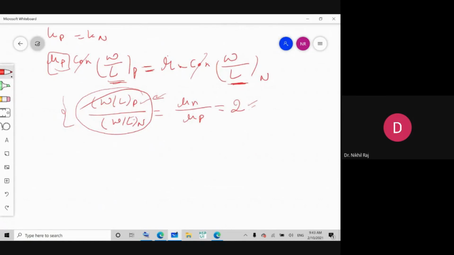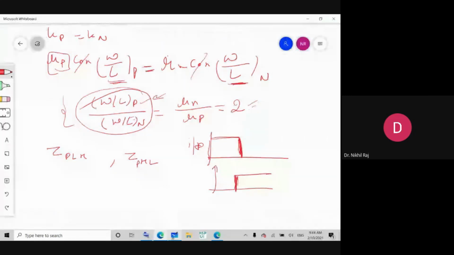When we were calculating TPLH or TPHL, we took the input as an abrupt change: either a sharp falling curve or a sharp rising curve.